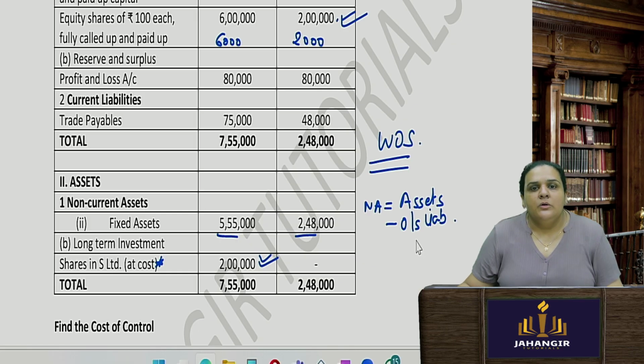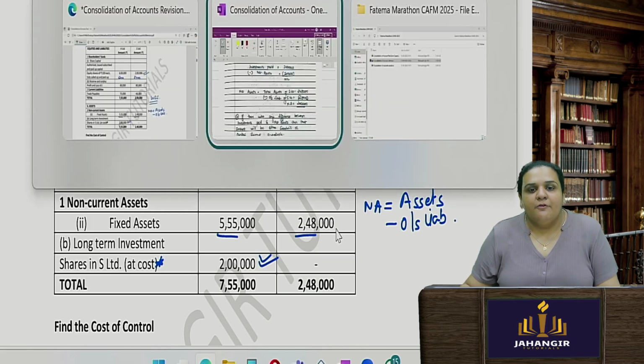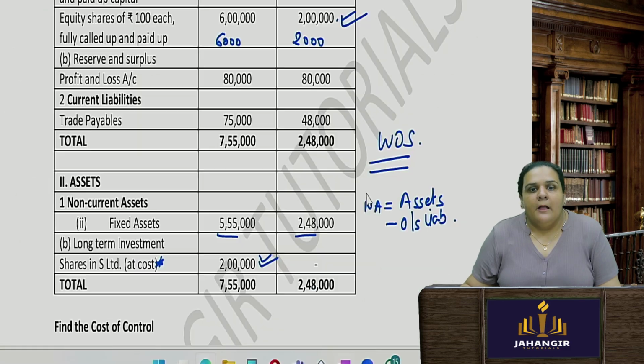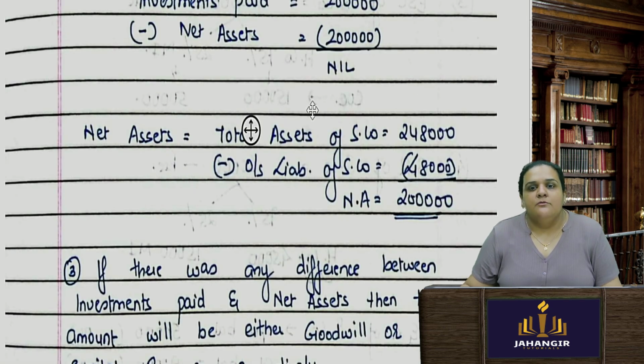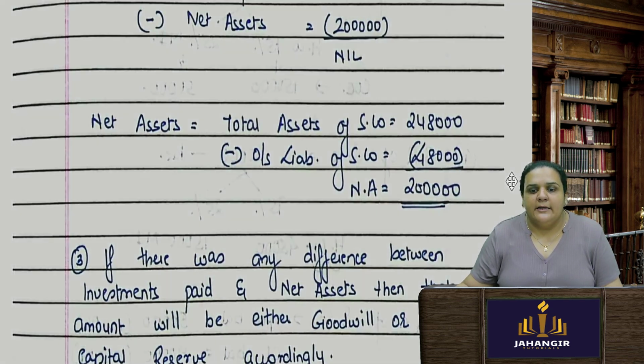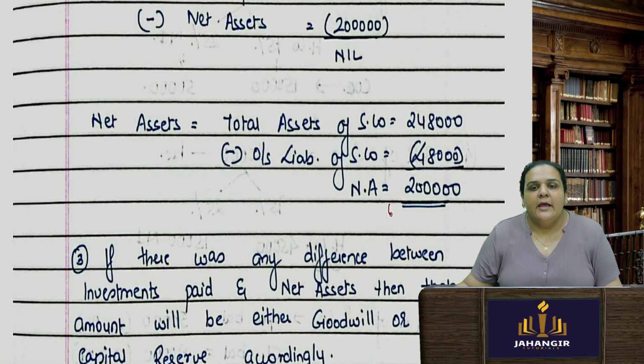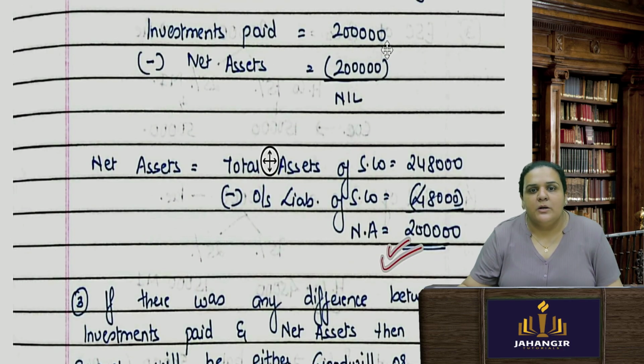Here you have only one asset amount, 2,48,000. Outside liability is only 48,000, creditors, trade payables. So 2,48,000 minus 48,000, your net assets will now become 2 lakhs. Investment is also at cost of rupees 2 lakhs, as they have given me.